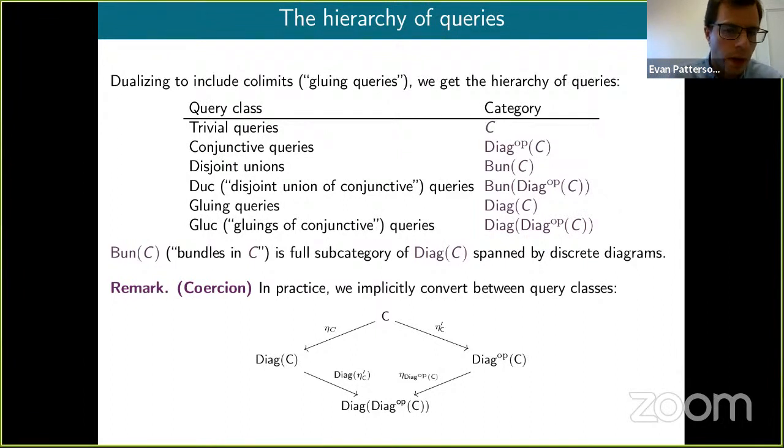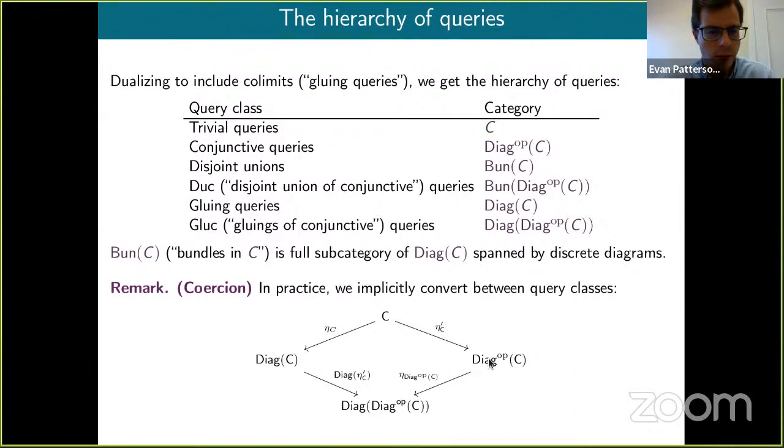Now, in practice, to maintain some kind of reasonably manageable syntax, we have to be able to implicitly convert between these different query classes. And so the convention that we use is that, given an object in C, you can regard that as either a gluing query or a conjunctive query just by taking it to be a singleton diagram.